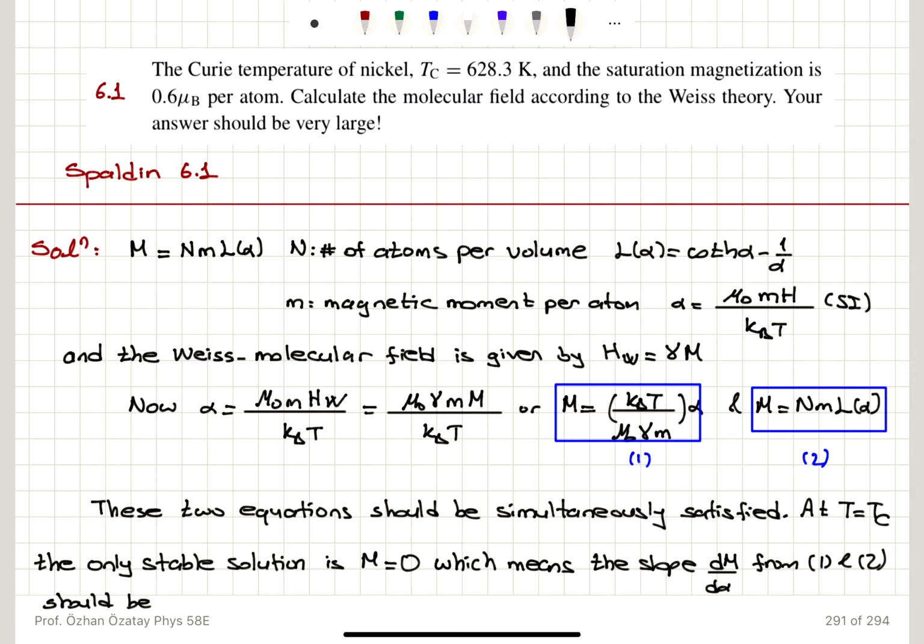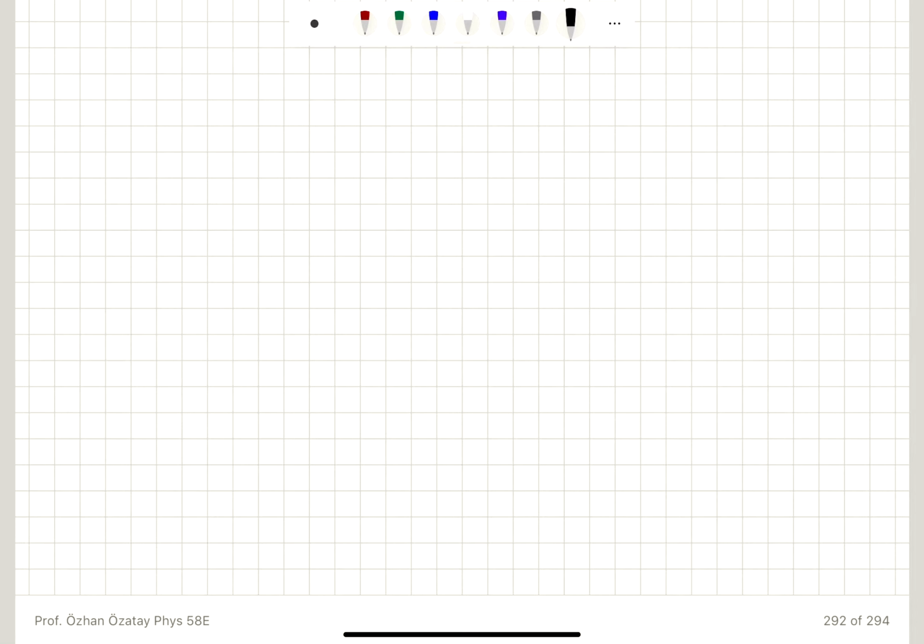All right, so we're going to equate these two slopes at the Curie temperature. So we have from the first equation kB Tc divided by mu0 gamma m.